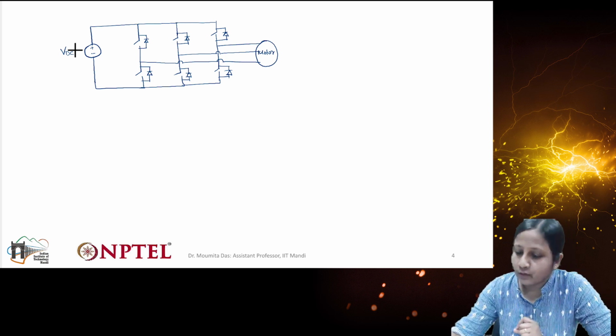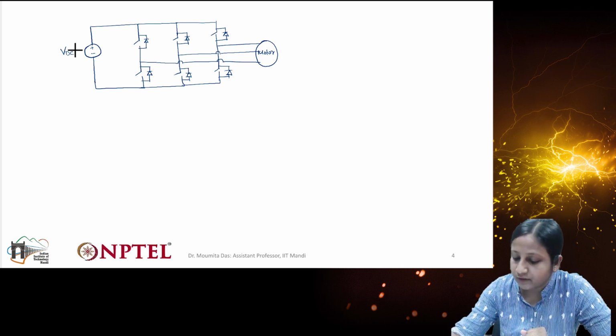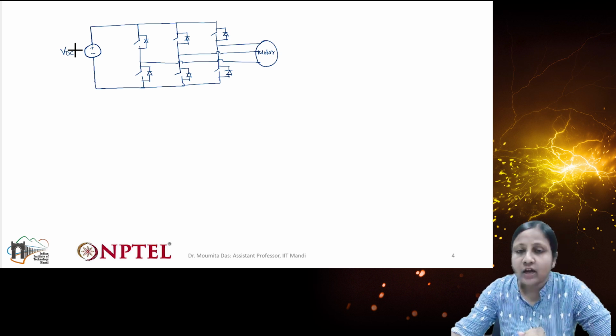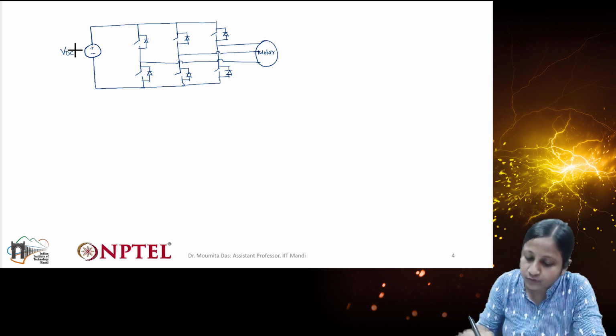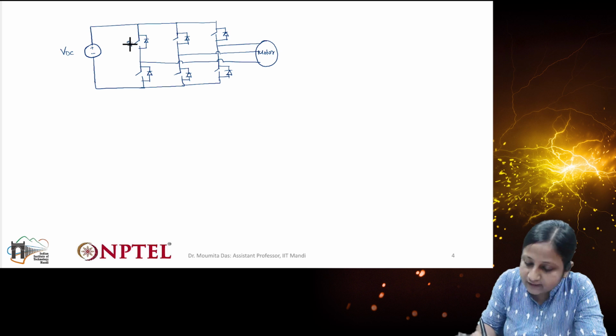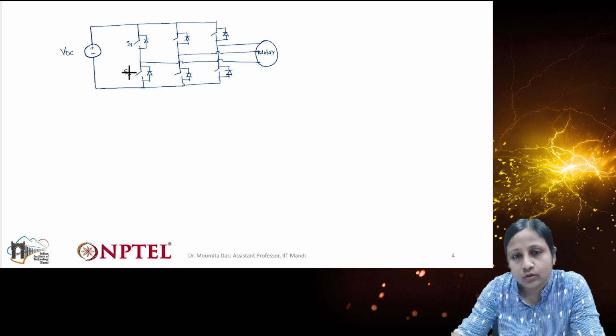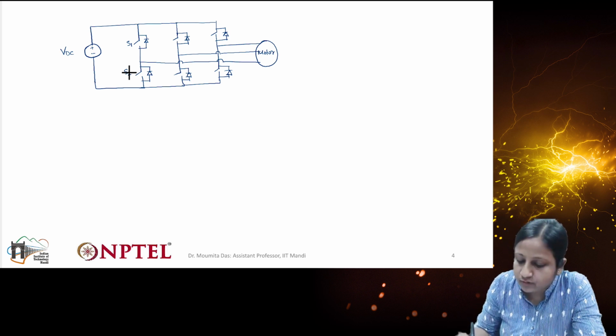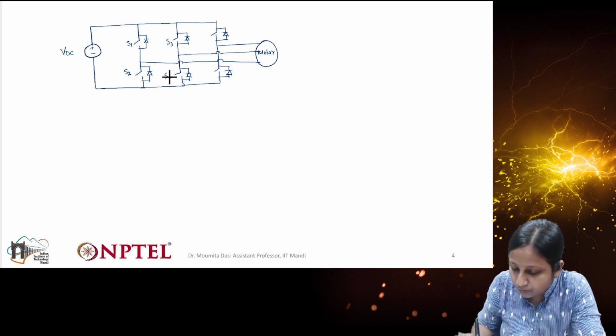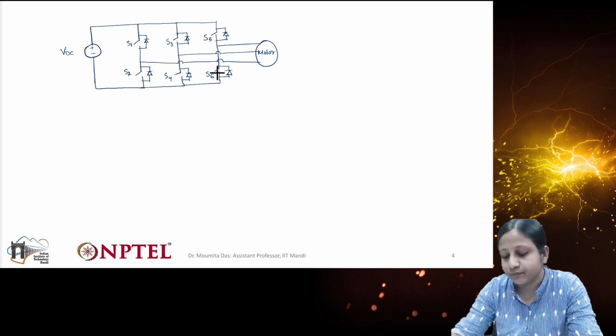Now, considering these 3 different legs, you can see here that in each leg 2 switches are connected to each other. So S1, S2, similarly S3, S4, S5, sorry, S6.